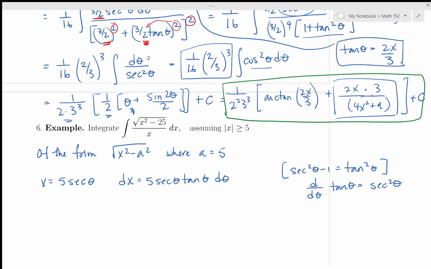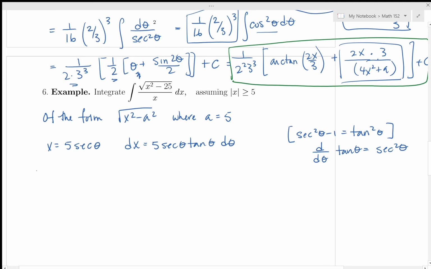So the integral of the square root of x squared minus 25 over x dx is equal to, I'm going to substitute all parts. So x squared minus 25, well, x is 5 secant theta, so this will be the square root, and x is 5 secant theta, and that's going to be squared, that's x squared, minus 25.